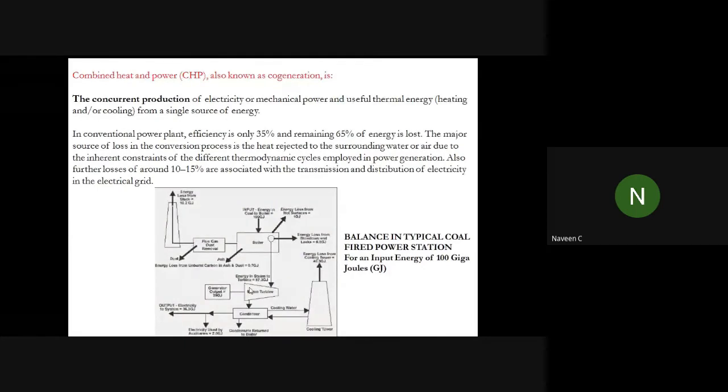Why I'm explaining this again: you see, electricity or mechanical power. If you are not connecting with the generator, if you are stopping the shaft and connecting the shaft to any other mechanical output you require, you can do it.